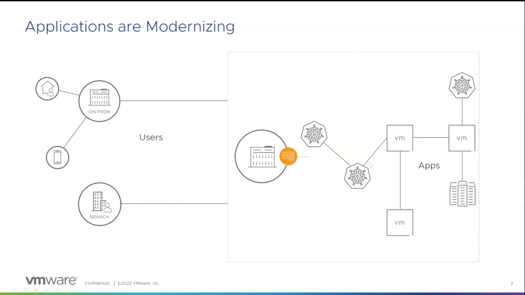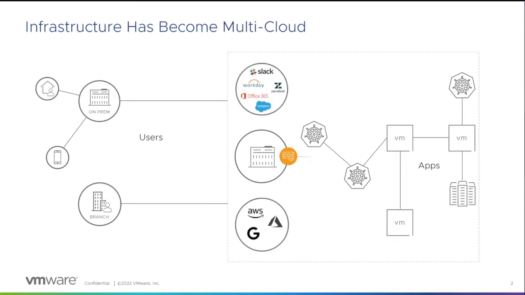Now, with this modernization, there's also a huge amount more need for workload identity, protection, segmentation, compliance needs, visibility across everything that's happening, as well as a lot of API-driven communication between the apps. Now, again, a huge amount of the apps, as they modernized, started shifting to the cloud.